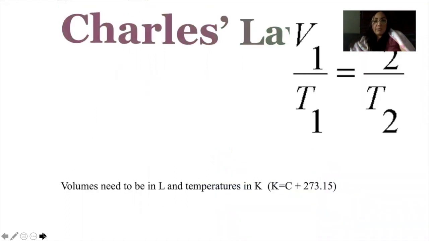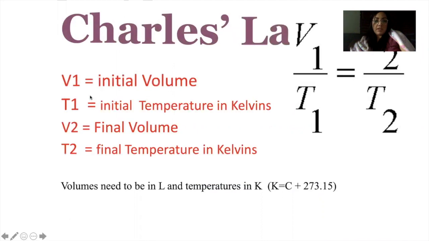Charles' law variables are going to be V1, T1, V2, and T2. So initial volume, initial temperature, final volume, final temperature. Volume is going to be measured in liters. Temperature should be measured in Kelvin. So that's the reason we did temperature conversions on Tuesday, because you need to change everything that you're given into Kelvin.